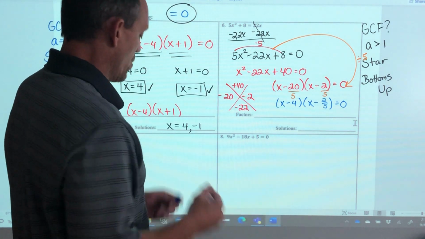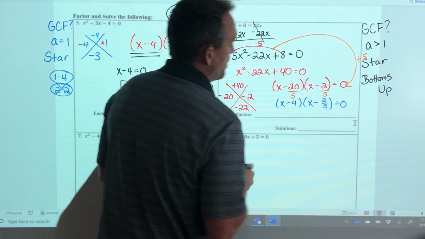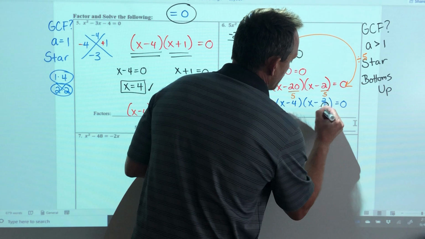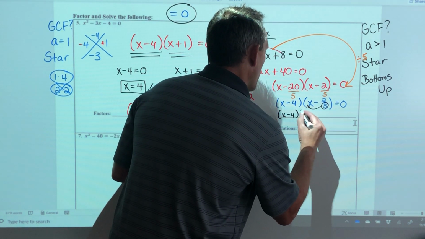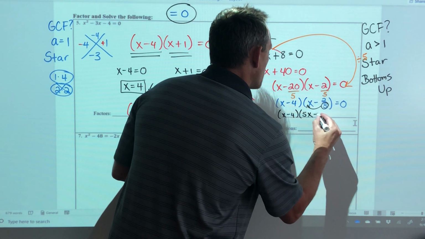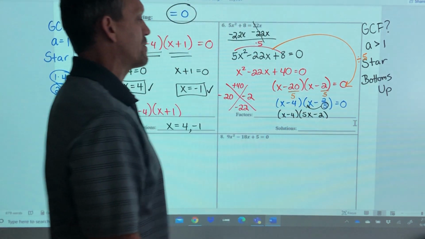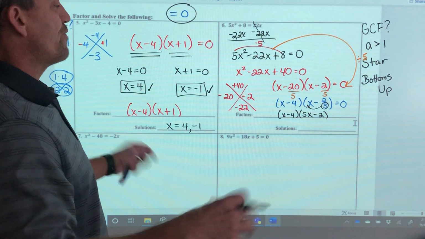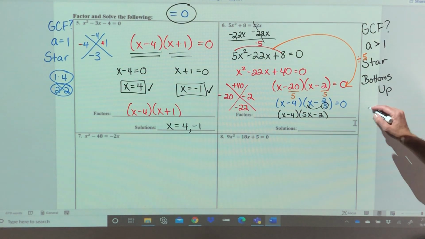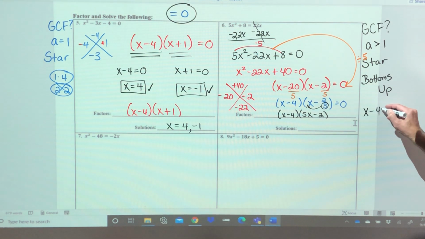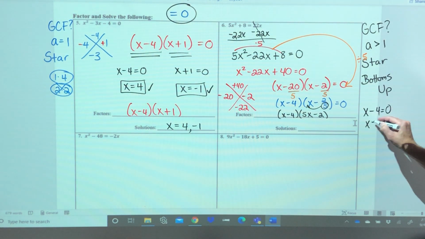It did not. So what happens? Bottoms up. And you have x minus 4 and 5x minus 2 as my factors. Those are my factors. My solutions will be each of those factors set equal to 0.